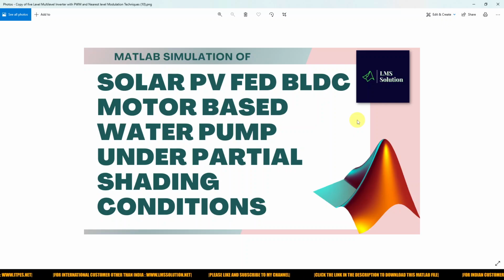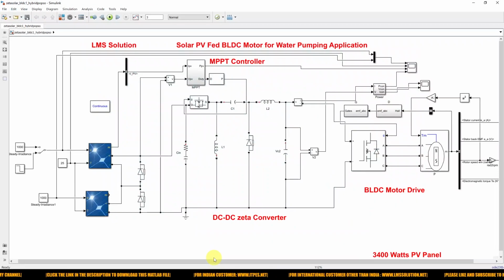One is uniform irradiation condition as well as non-uniform, that is partial shading condition. And also here we have to test the system with the hybrid PO PSO MPPT and then PSO MPPT and PO MPPT for the same condition. So straight away I'm going to the simulation model.